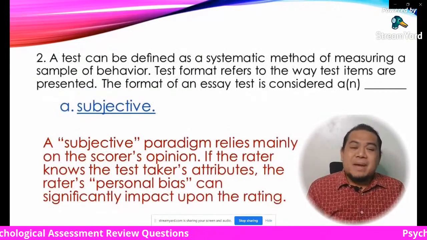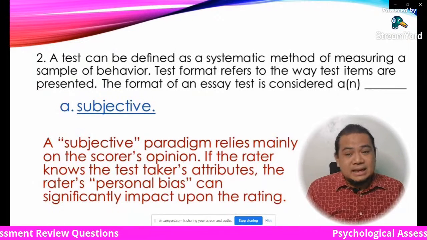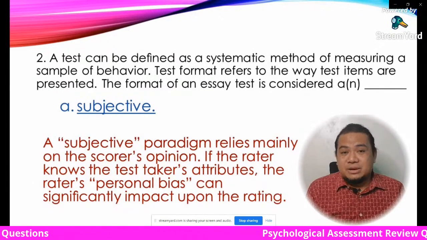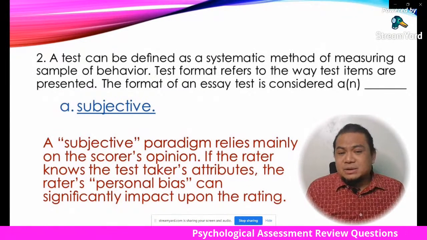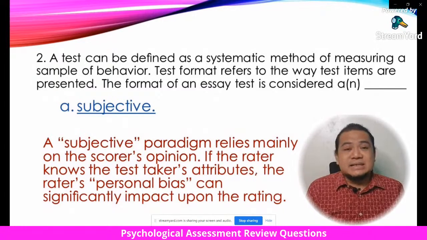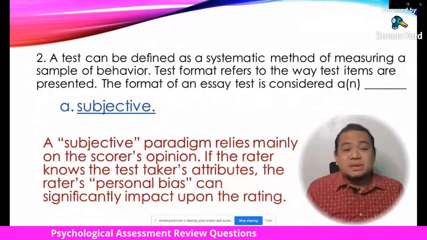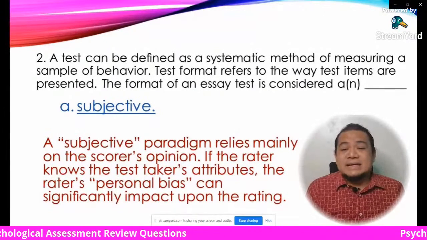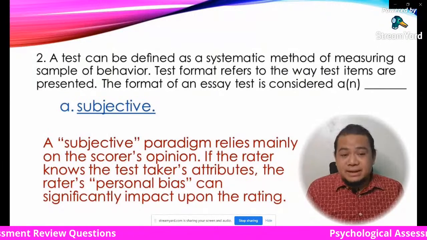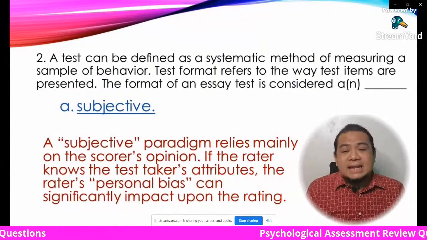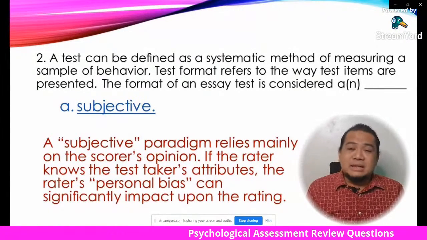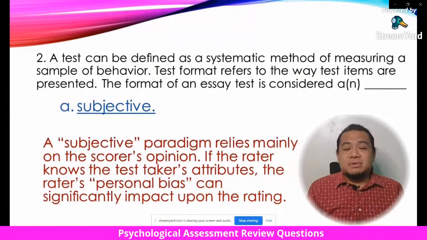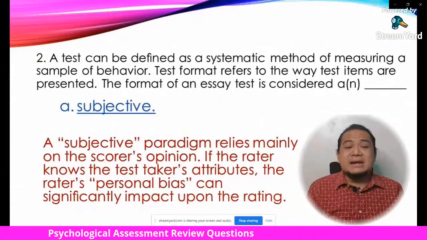A subjective paradigm relies mainly on the scorer's opinion. If the rater knows the test taker's attribute, the rater's personal bias can significantly impact the rating. For example, an attractive examinee or an individual of some race might be given a higher rating.